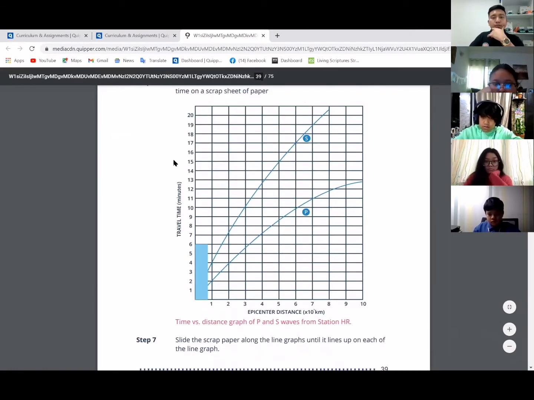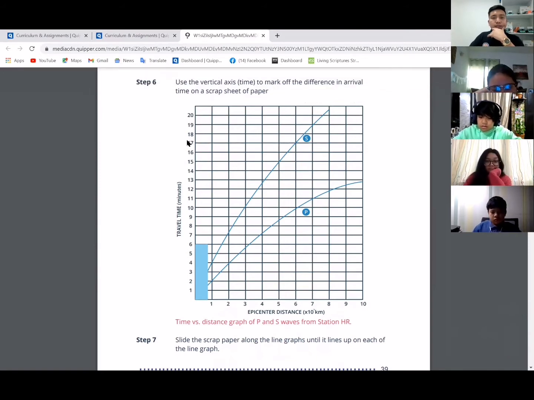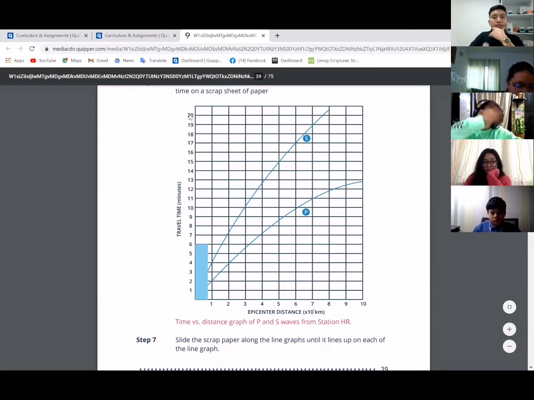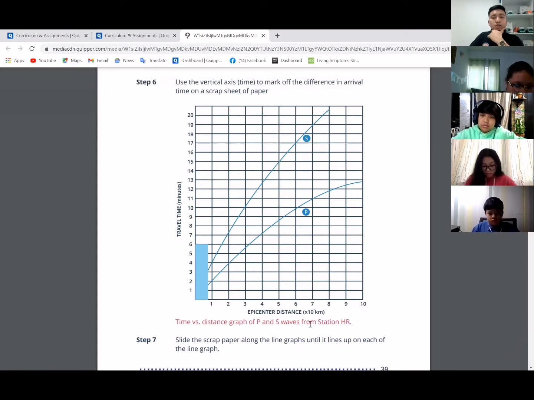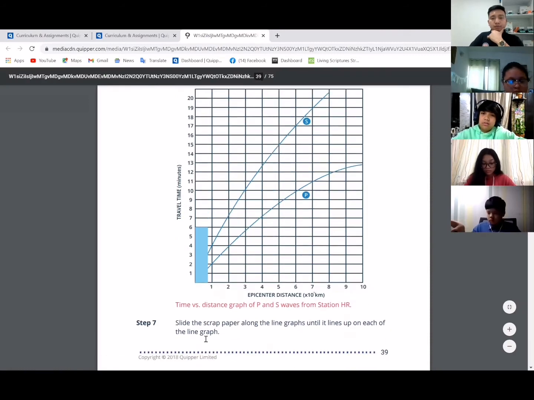Okay, so makita nyo dito sa side, sa left side, tama ba, left side? Alright, makita nyo travel time, minutes yung unit niya. And then dito, yung epicenter distance niya, makita nyo dito, times 10 raised to 3. So ibig sabihin, this is 1,000 kilometer. Okay. So ayan.